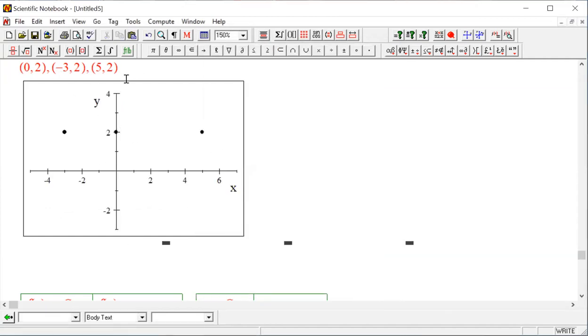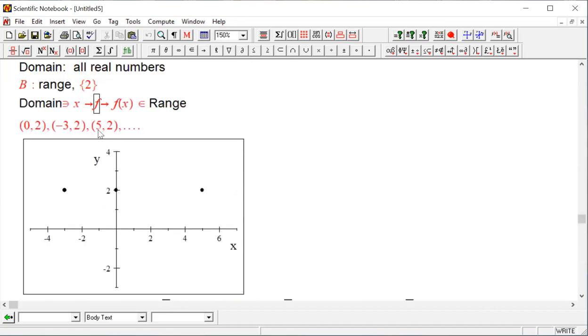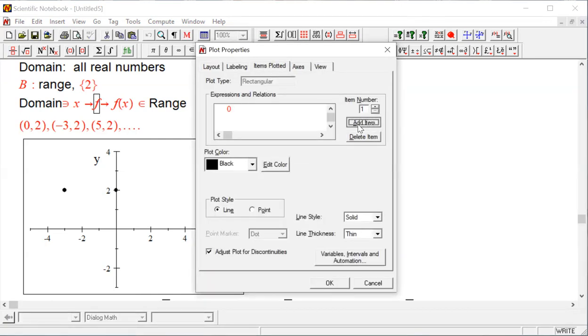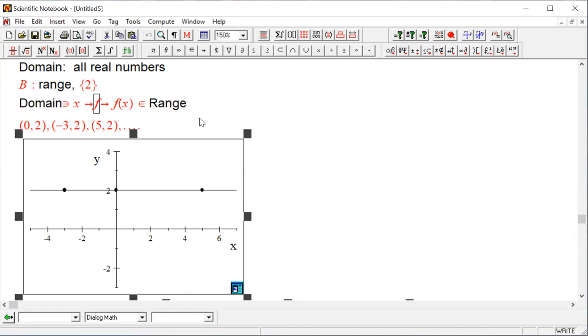Imagine we can make many, many points. If we connect all these points, they have something in common, right? They have the same output. For each input, there's exactly one output. And what is more, these outputs are exactly the same. What if we connect the dots? If we connect the dots, we get the graph of this function.